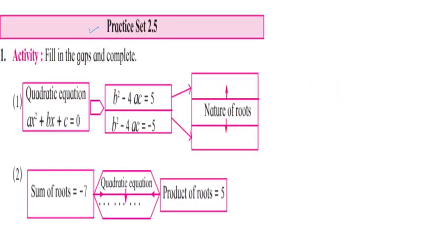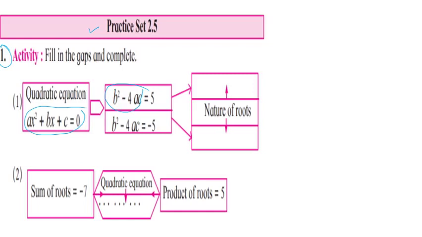Now, next, practice set 2.5. Let's start. Question number 1, which is activity based. Fill in the gaps and complete. The quadratic equation is given in general form. See this expression, this is called the discriminant. The discriminant is given as 5 here and minus 5 below.